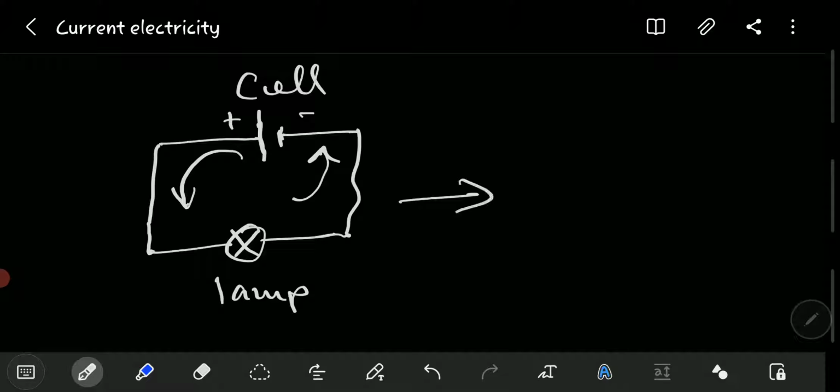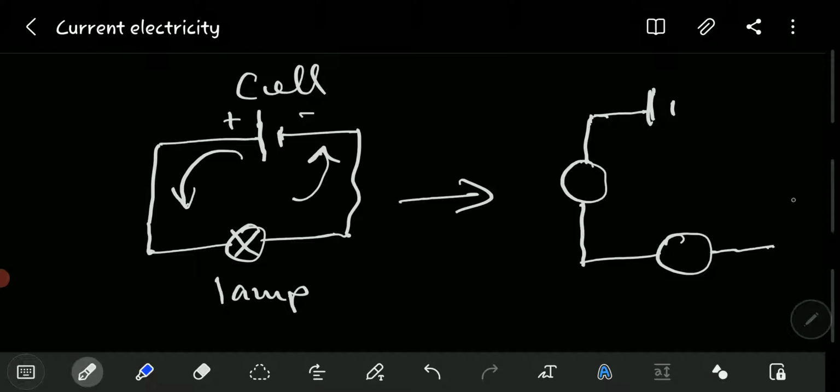Since we are saying that it should be in series, we're going to have our cell there, and to this cell we are going to connect an ammeter, and the other terminal of the ammeter should be connected to the lamp, and the other terminal of the lamp should be connected back to the cell. So we have our ammeter there.